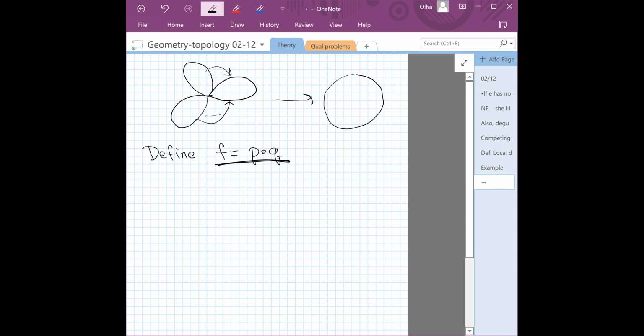Then to count the degree of f, we do this local thing. Take y in Sn, and we're going to look at those xi's. The only thing is that we need to not take this y to be the image of this point, because otherwise it's just a mess and it's not going to have a finite preimage. So take any other point. Then for the map p, it's going to have k preimages.